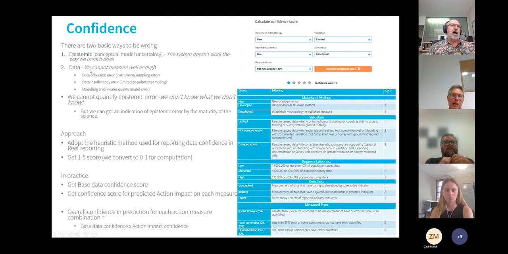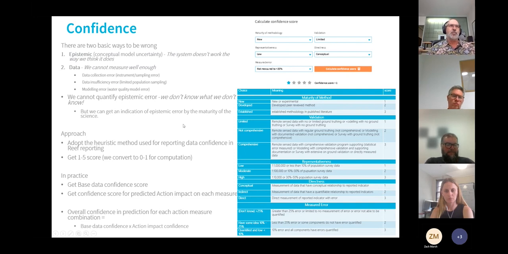And then there's data related uncertainty. So data collection error, data insufficiency error, modeling error. This second part, we can typically quantify that numerically and come up with an error estimate, but epistemic, we just don't know what we don't know. So it's not possible to put a firm number on that, but we get indication of epistemic error based on the maturity of the science.